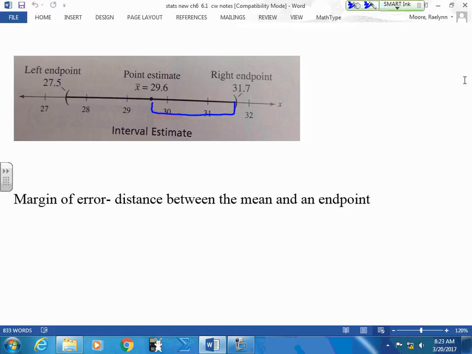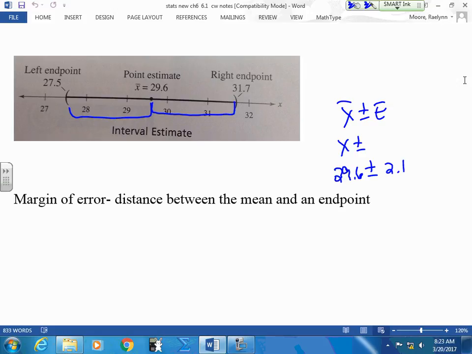Now, if I worked my way backwards, and I was trying to figure out what margin of error did they give me, if this is my goal, did anybody figure out my margin of error? Just by looking at this? Did anybody figure out the margin of error that takes me from here to here? 2.1.